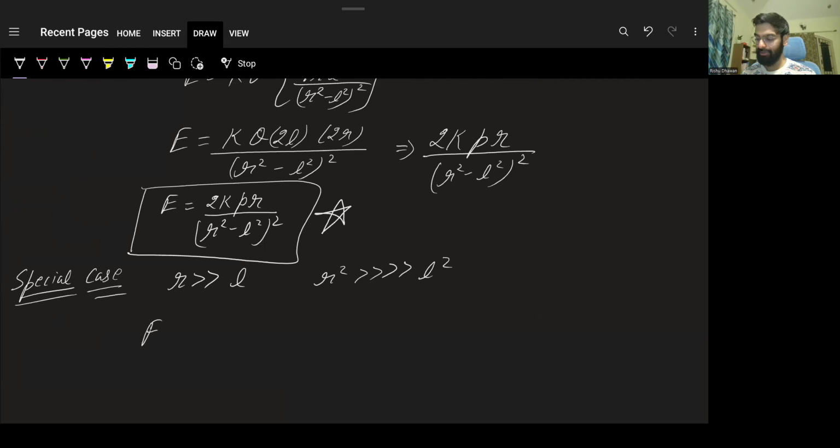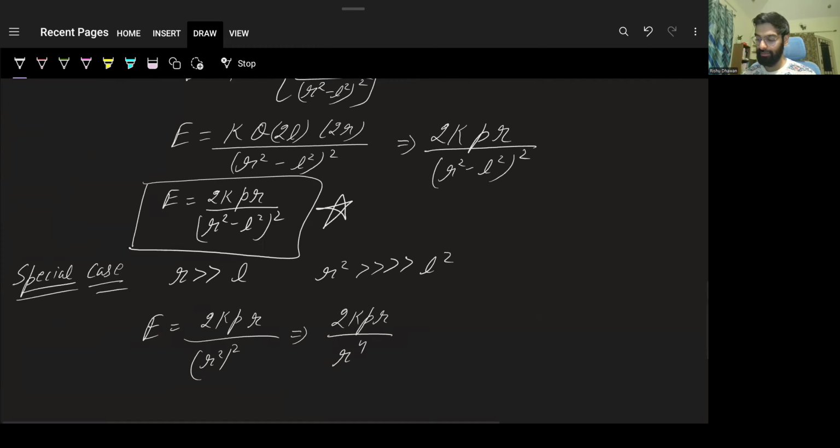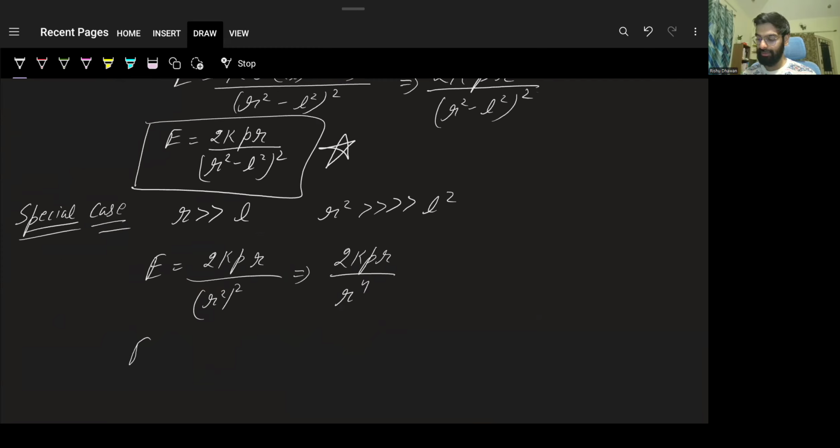If I ignore L square, then what should I get? I'll get R square whole square. That means I will get 2kpr over R to the power 4. R and R would cancel out. E is equal to 2kp over R cube.